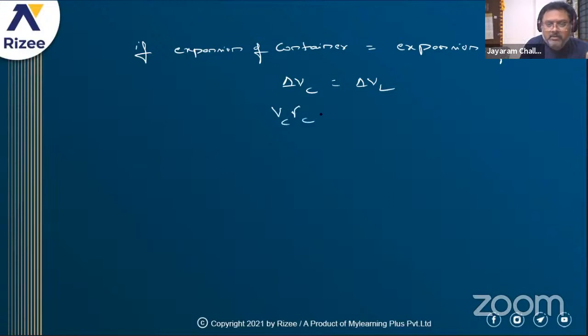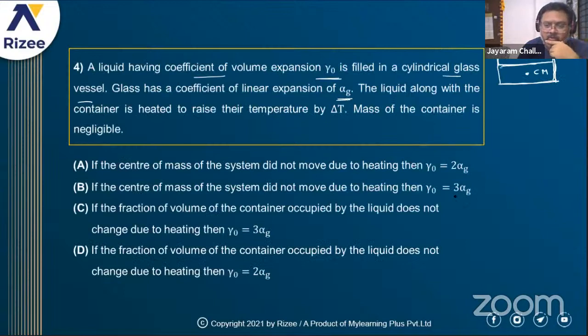The initial volumes are going to be the same, into change in temperature, is equal to volume of the liquid and gamma of the liquid, that is the real expansion, and this is delta T. Since the volumes are the same and the temperature rise is also the same, gamma of the container can be written as 3 into alpha of the glass or alpha of the container, equal to the real expansion. So this should be the condition for the first case if center of mass is not going to change. So we can go for option B.